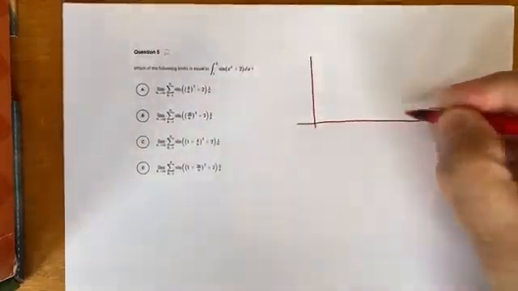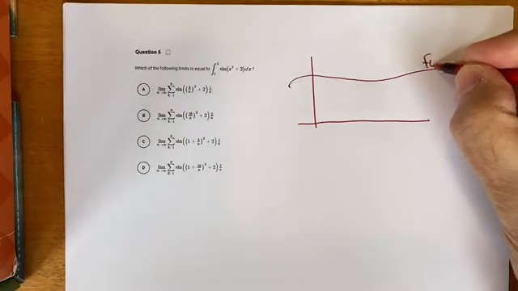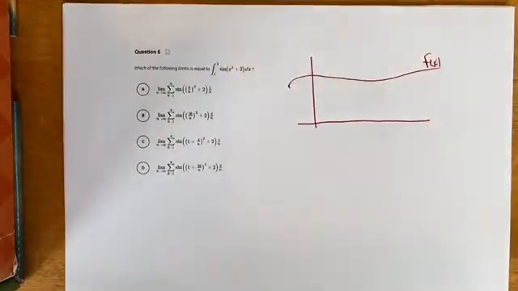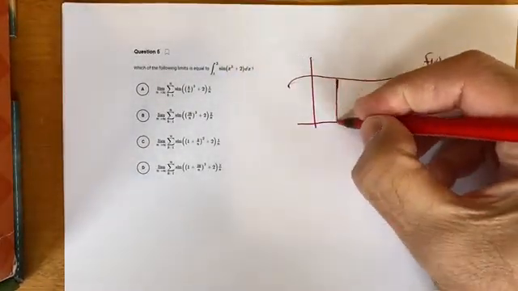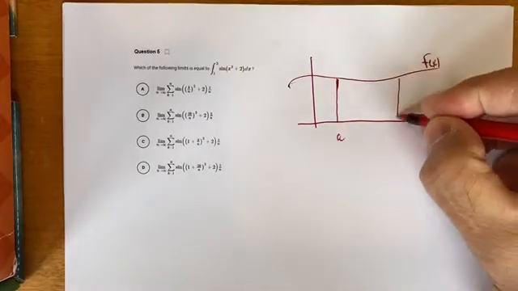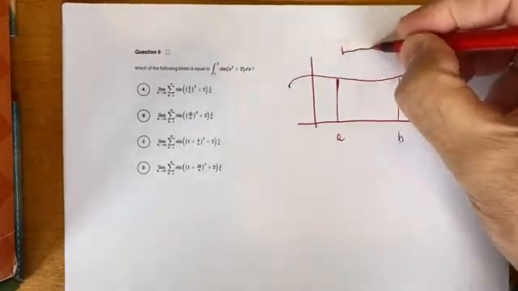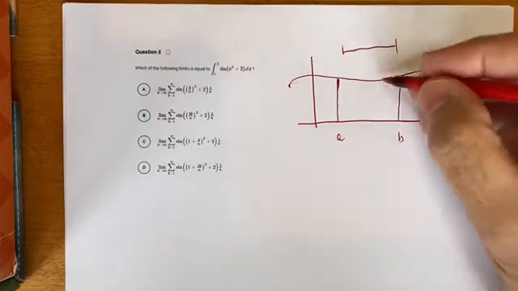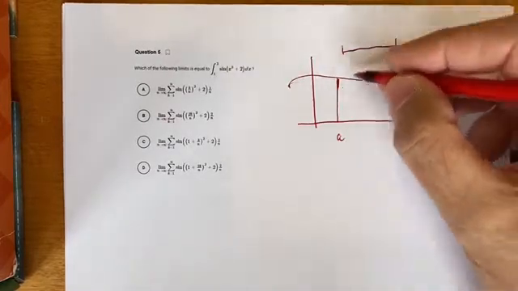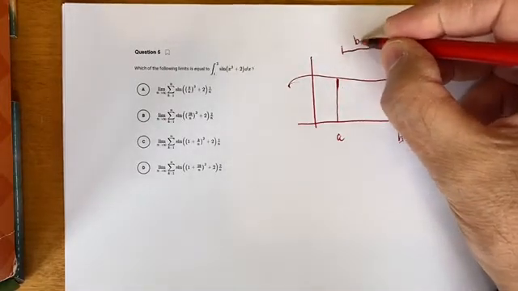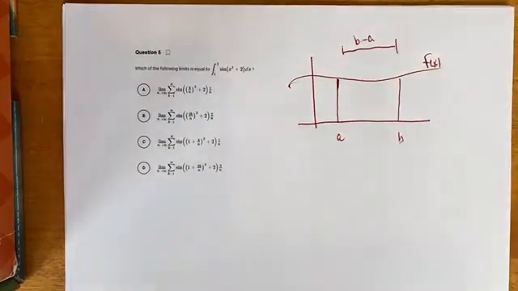Here we've got this unknown function. Actually, we do know the function. But anyway, it goes over some interval from A to B, and the length of this interval is B minus A, the big number minus the small number.